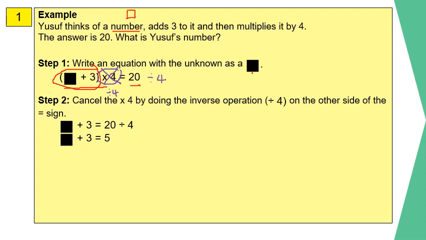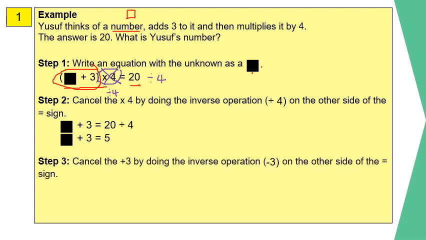And you see, as I've done that, I've simplified this. I've removed one part of the equation. Now we're down to these 3 parts here. Then, like I did with the multiplied by 4, I'm going to do that with the plus 3. I'm going to cancel this out by doing the inverse operation on the other side.